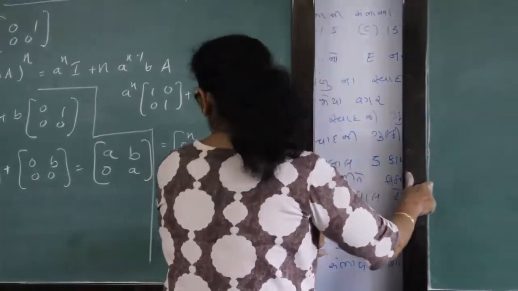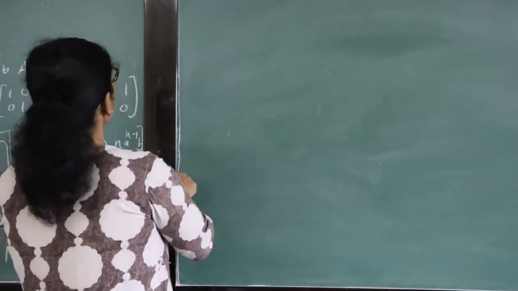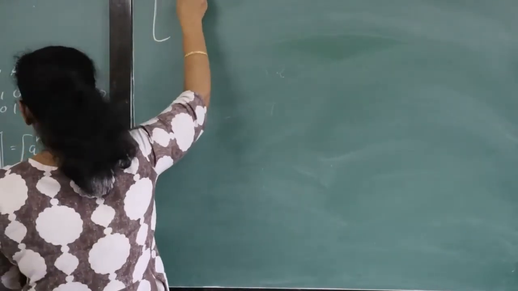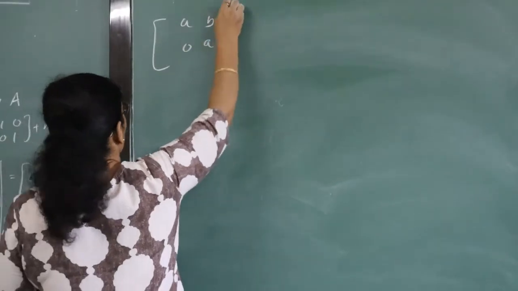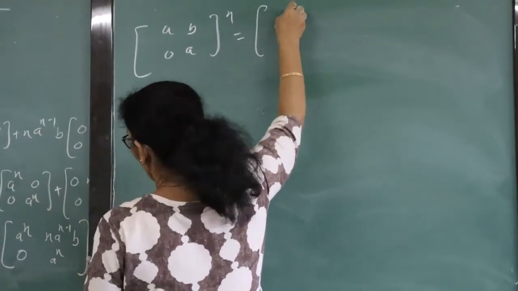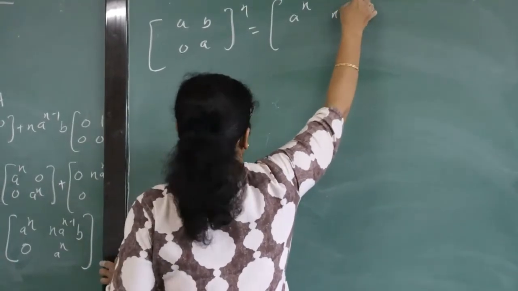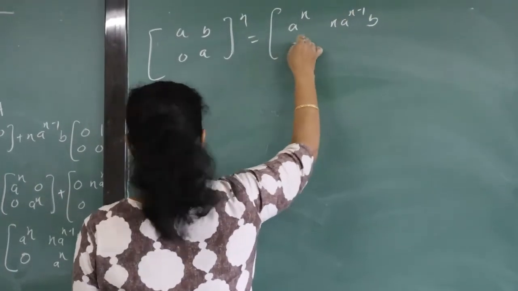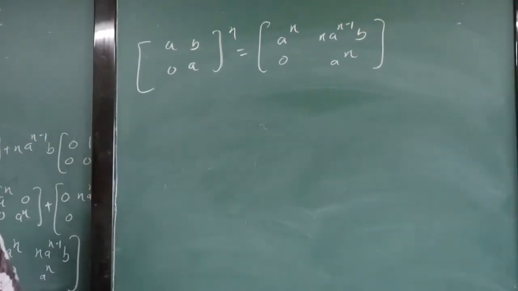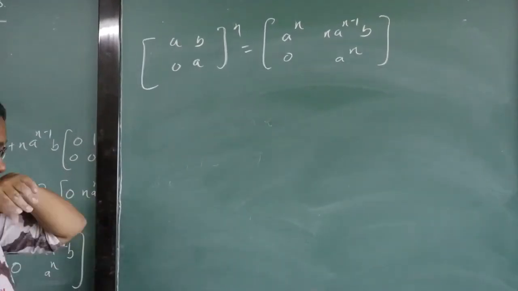So how can we take this? [a b; 0 a] to the power n equals [a^n, n a^(n-1) b; 0, a^n]. This result we have to show. So, very simple concept.